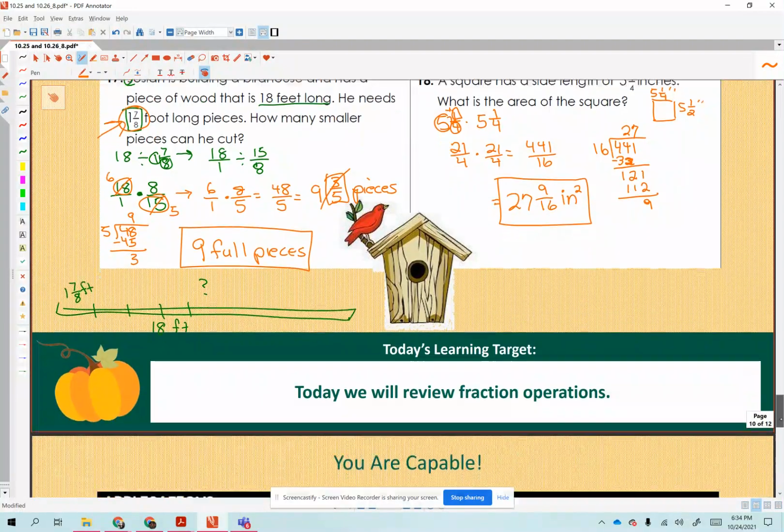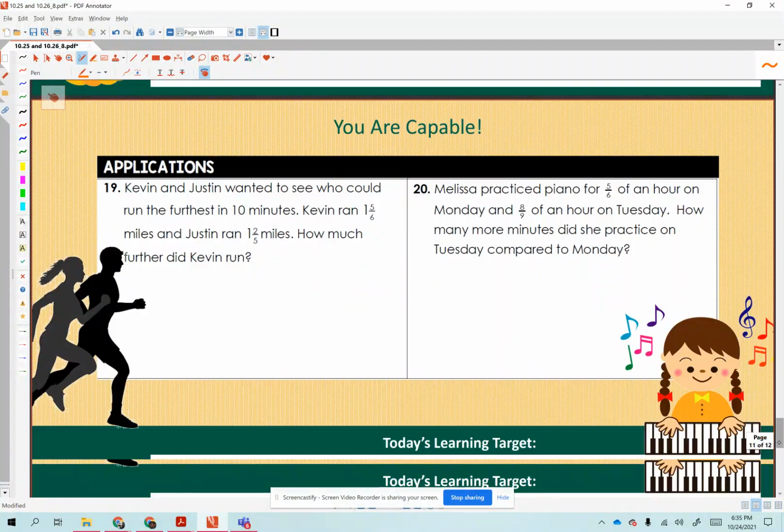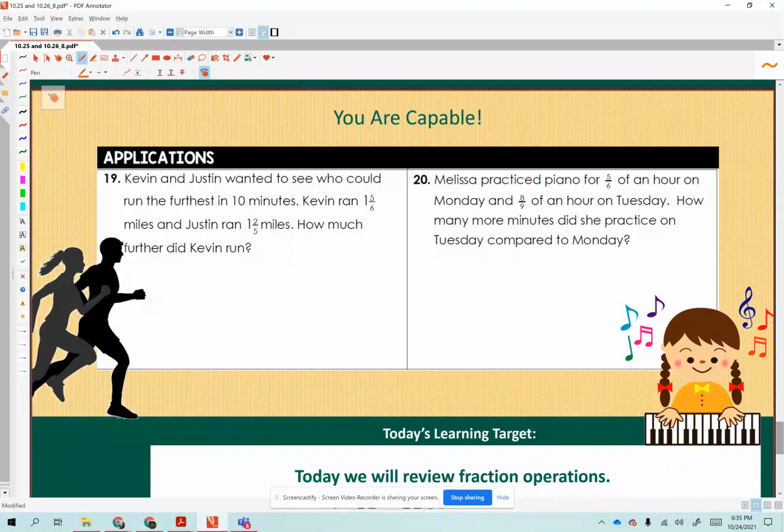It looks like we're at the last 2 problems. And look, this one is about running, and then we have one about making some music, playing the piano. So, Kevin and Justin wanted to see who could run the furthest in 10 minutes. Kevin ran 1 5/6 miles and Justin ran 1 2/5 miles. How much further did Kevin run? So they told us Kevin ran further. So this is a subtraction problem.